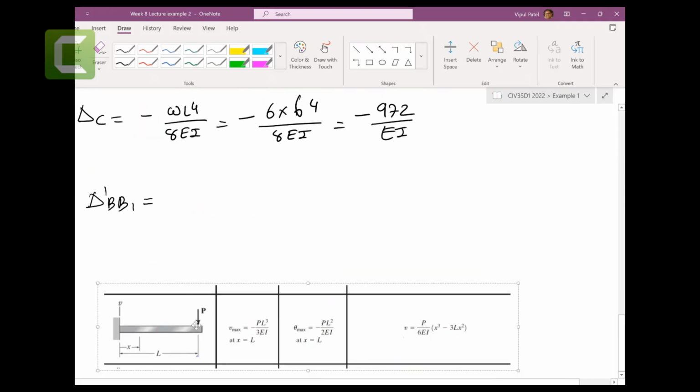I think we can't use this one. Yeah, okay, so here we can use this maximum deflection.